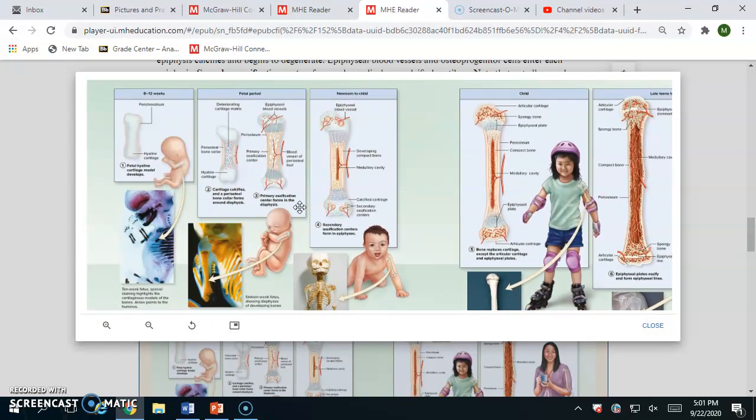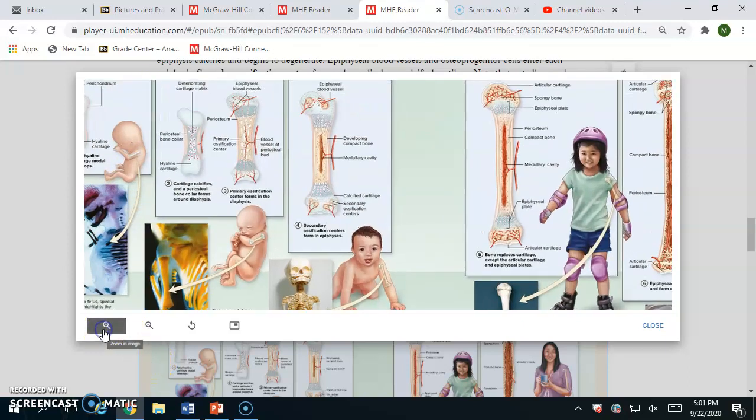Okay, so first thing to realize is that the framework or tissue that develops first in endochondral ossification is called the hyaline cartilage. So that hyaline cartilage, as you can see, will form pretty early on, about 8 to 12 weeks.